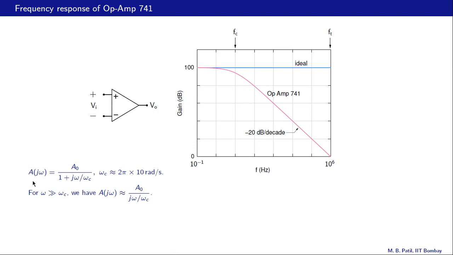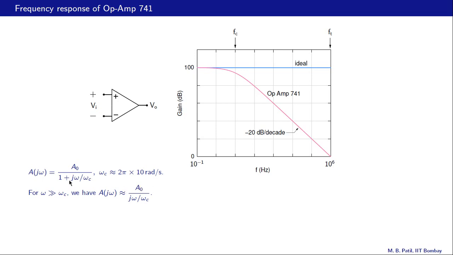Okay, so here is our A of j omega again, A0, which is a constant, divided by 1 plus j omega by omega c, where omega c is about 2 pi times 10 radians per second. Now let us consider the case where omega is much larger than omega c. So that means we are away from this cutoff frequency, say somewhere here.